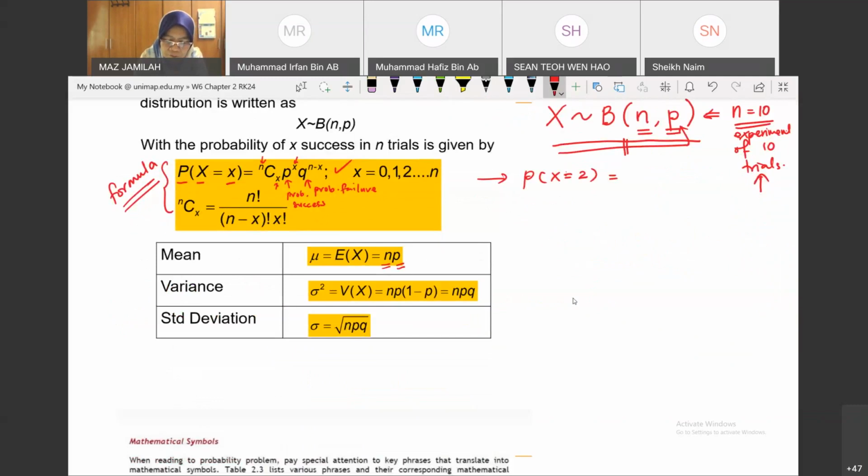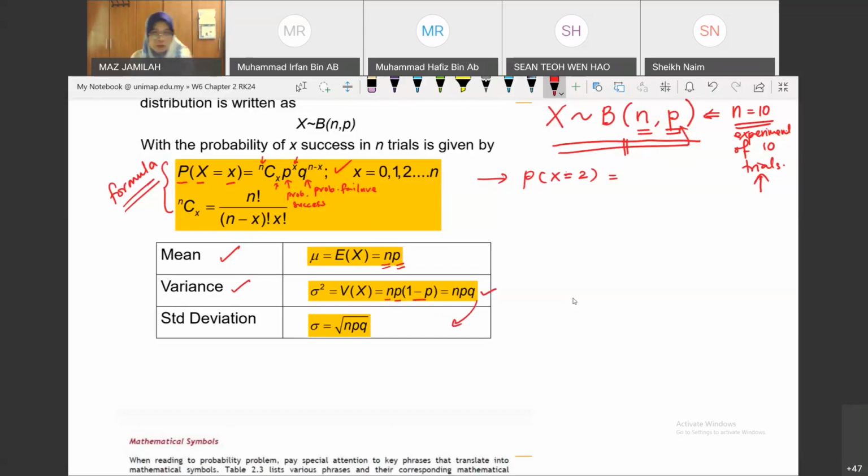For the variance, denoted as variance of X, it is equal to the number of trials multiplied with the probability of success and multiplied with the probability of failure. Square root this and you will get your standard deviation. So the square root of n multiplied with p multiplied with q gives the standard deviation.